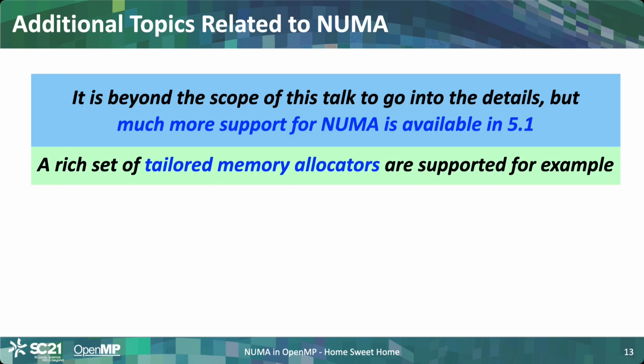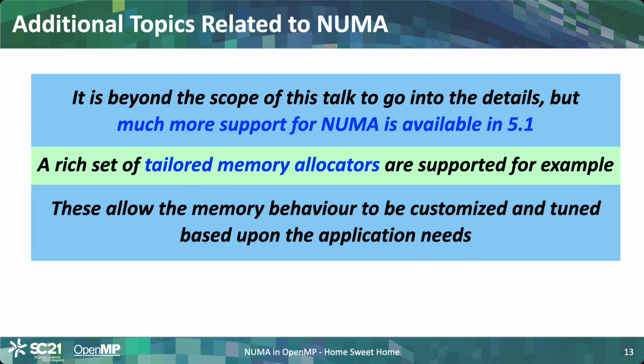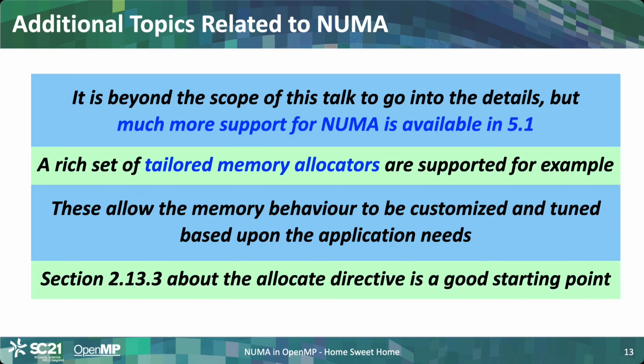So there's several choices, and it allows you to completely customize the memory behavior versus the application, the needs, and what's available in the hardware. If you're interested in that, I would check out the 5.1 specifications. Start at section 2.13.3. That's about the allocate directive, and that will have pointers to more things that you can do. So start reading that, and it'll sort of unfold automatically.